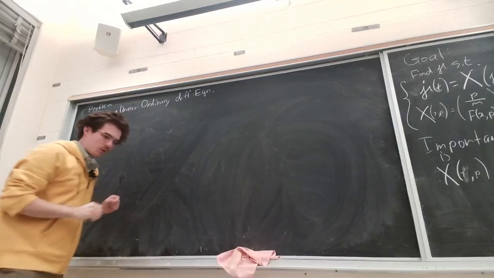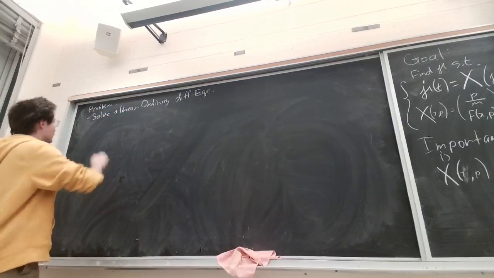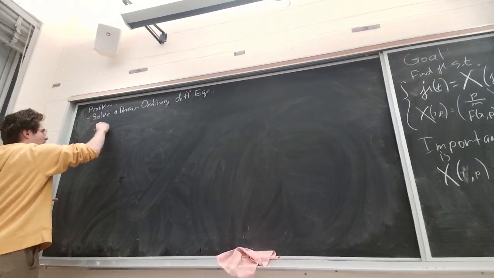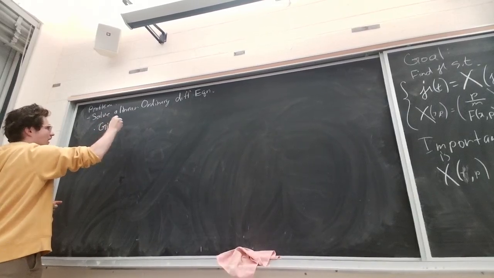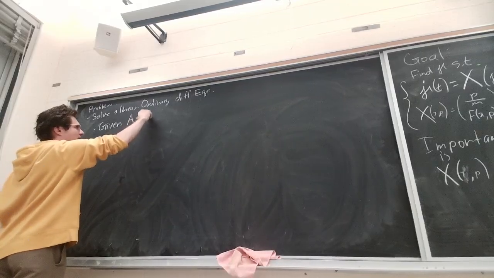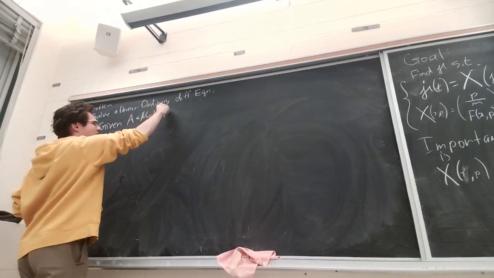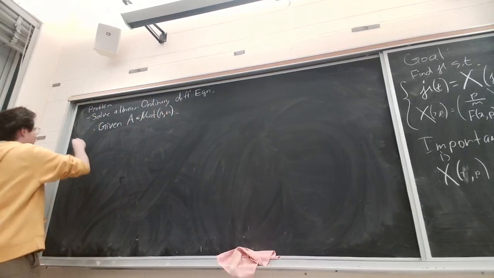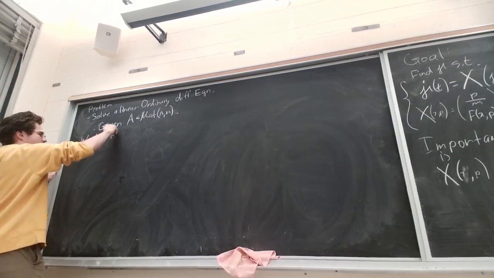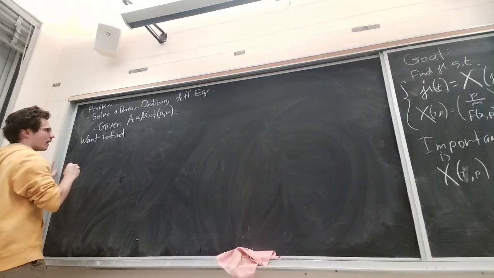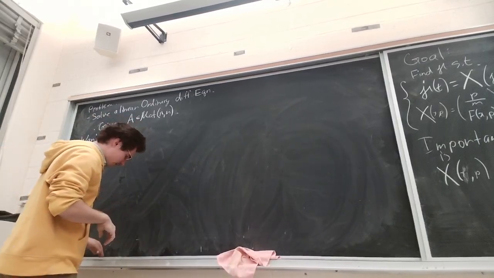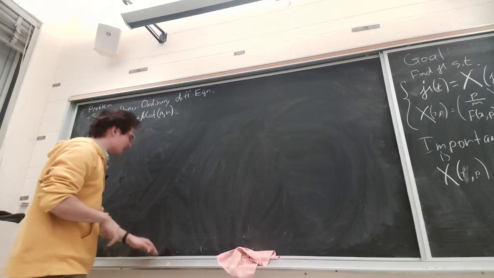Okay. So what am I going to be given? I'm given a matrix A. So this is some n by n matrix.